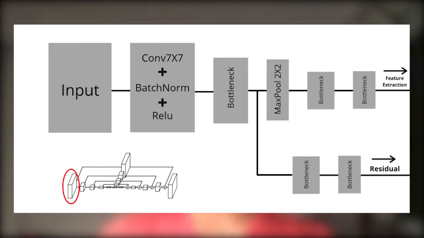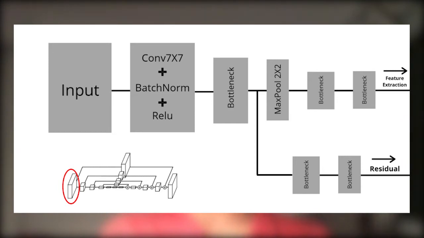Then we pass the input into a bottleneck layer, and after that bottleneck layer, we split off the spatial information into a residual layer, which we preserve for later. And then we do max pool and two bottlenecks.